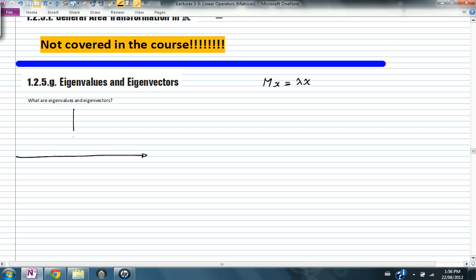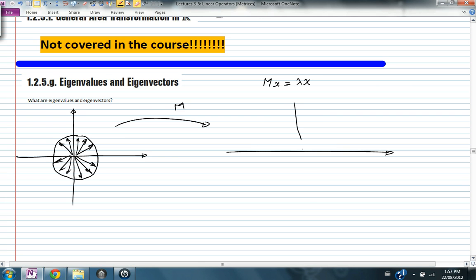So let's look at a circle of vectors. What we know now is that a matrix M will take those vectors and we might change their direction and their length.